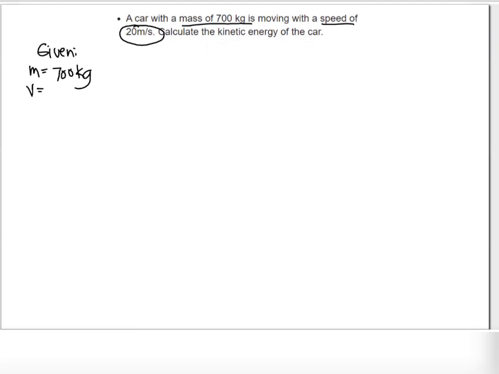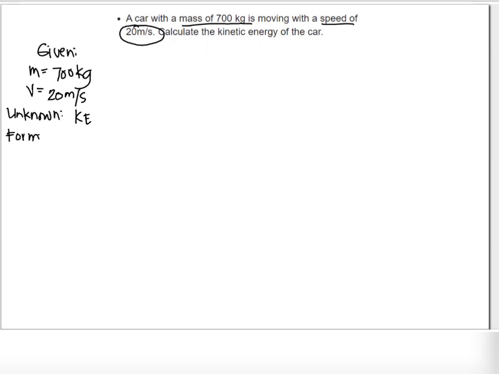Okay, anong difference ba ng speed at saka ng velocity? Pag speed kasi, hindi na ina-identify yung direction. Pero kapag velocity, sinasama yung direction. However, in problems like this, kapag naka meters per second yung unit, it's understood that that is already the velocity. So, ayan, yung mga given natin. And then, ano yung kailangang i-solve? We are asked to solve for KE, or the kinetic energy.